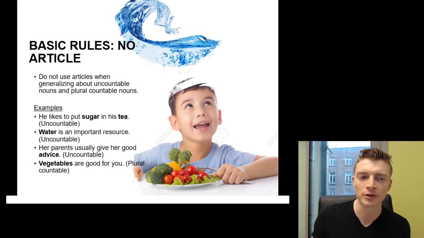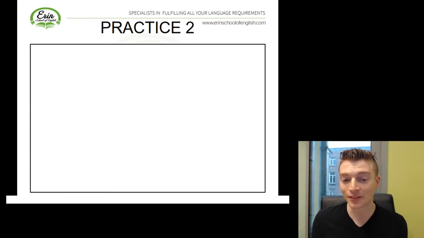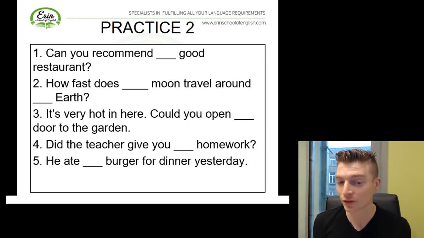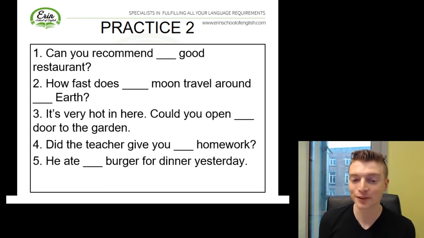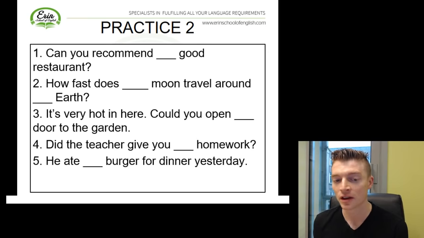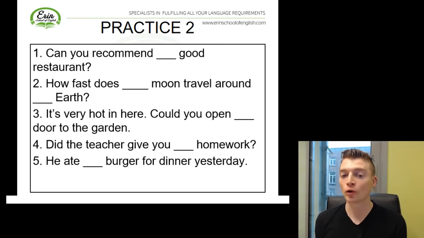All right, very good. So another little bit of practice for you guys. Five sentences. Have a look at the blank space. Try to think about the rules we've discussed so far and see if you can decide the correct article to use: a, an, or the.